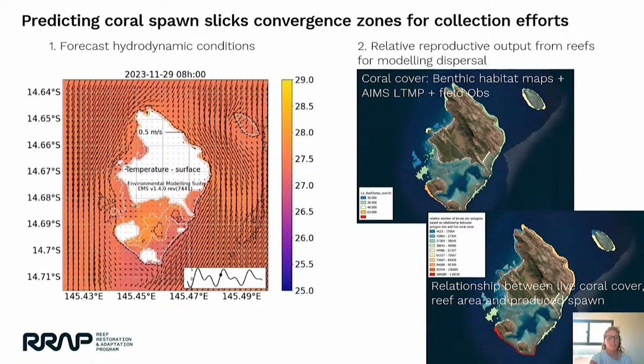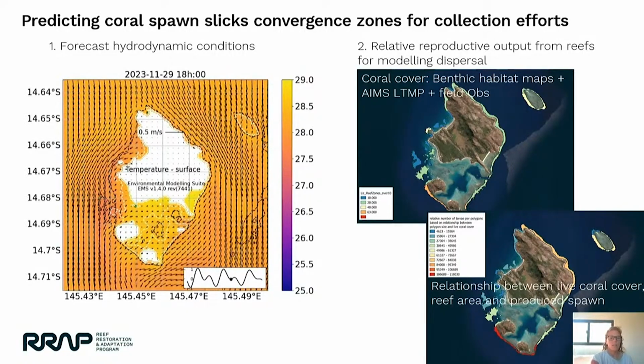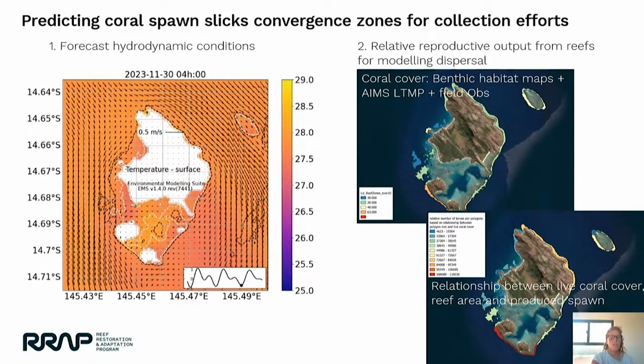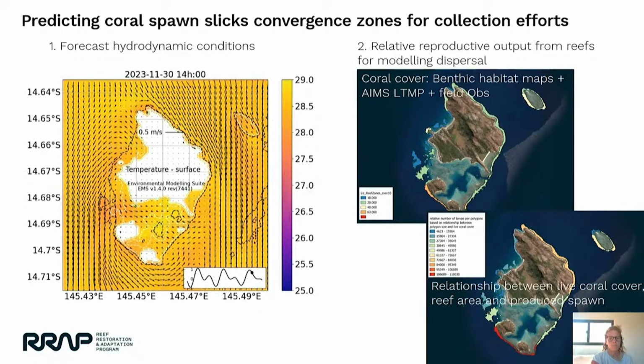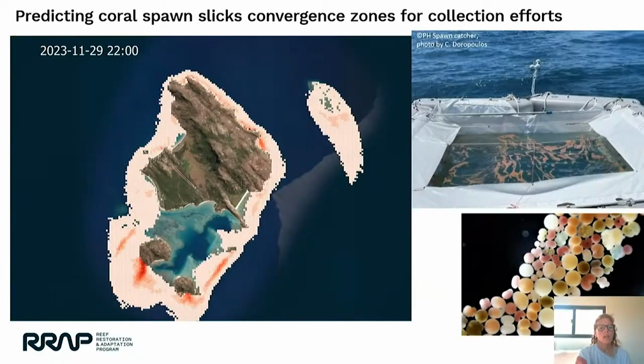We then integrate this information into the particle tracking component of the model to model spawn slicks. So we get a forecast of particle concentration during predicted spawning nights, and we can identify what we call convergence zones of coral spawn slicks, which is where high concentrations of coral spawn will likely form.